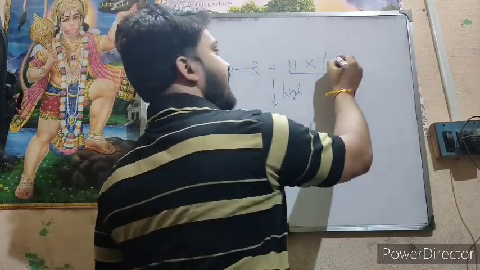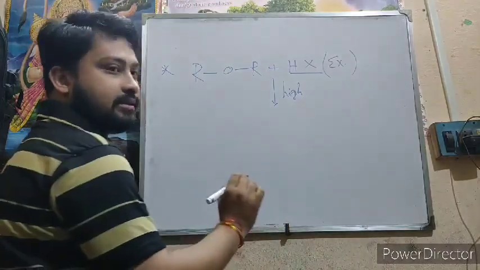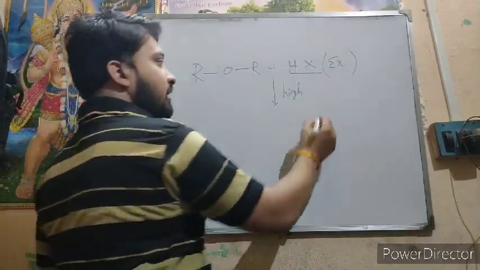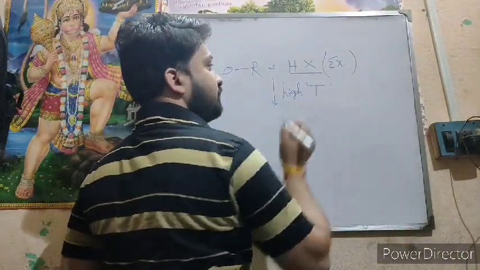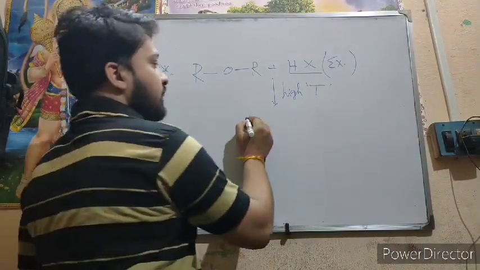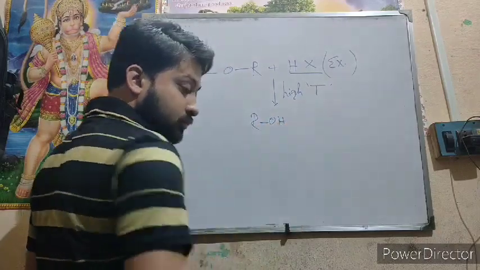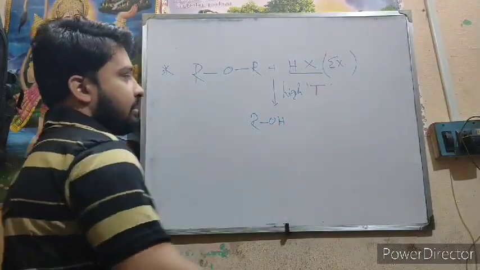You use this HX in excess, and then use a high temperature, and you get the products: one is ROH and another is RX.